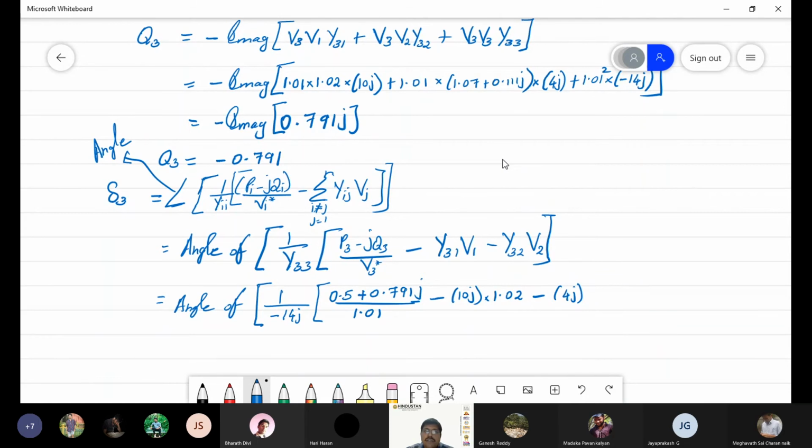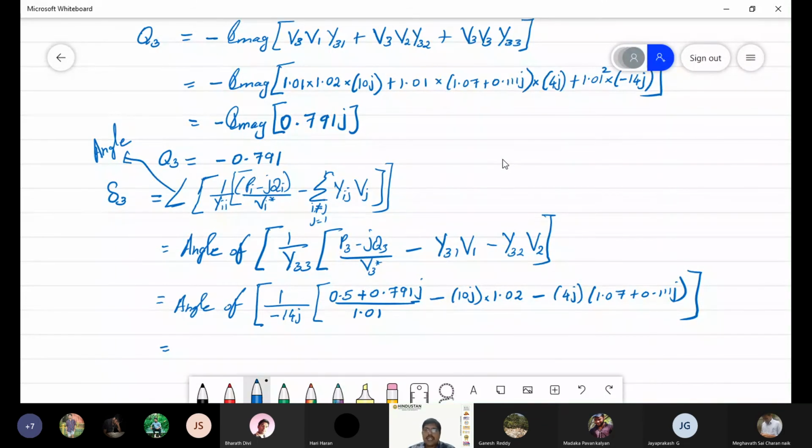The V2 value we already found in the previous iteration. It is 1.07 plus 0.111j. Close the bracket. Now you substitute all those things, and if you get the angle, then del 3 will be over.